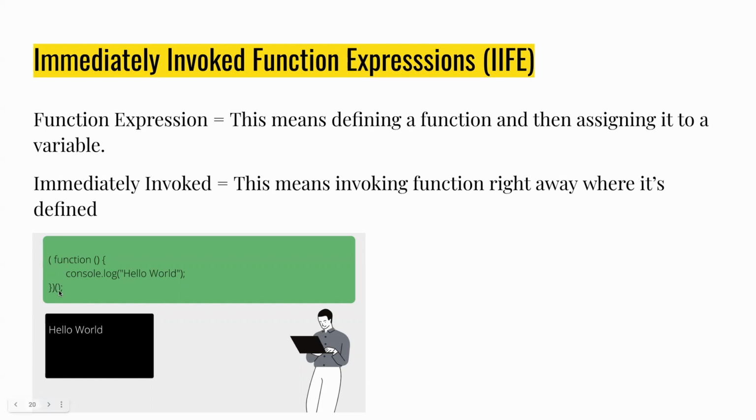So this is the way you tell JavaScript that you are defining a function and you want to execute the function right away. That is why it's called an immediately invoked function expression, or in short, IIFE. And when you execute this portion of the code in your console, you will find whatever logic you have written within the function. For example, in this case, I've written hello world. So the moment I declare this function, I'll get hello world in my console.